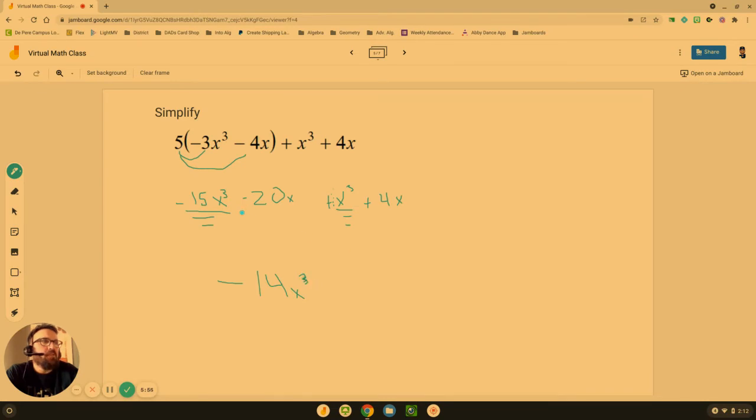And then negative 20x plus 4x. Negative 20 plus 4 is negative 16x. Now, even though these both have an x, one of them is x to the third and one of them is x to the first, meaning they are not like terms. I cannot combine them. So we stop at that point.